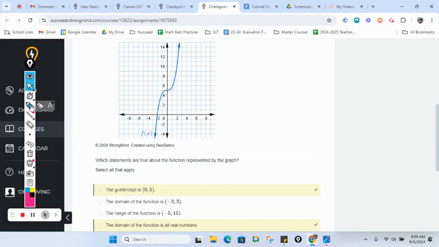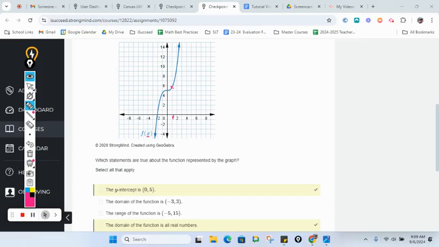The domain is saying what values of x, so what numbers can I plug into x here that work in this function. For example, if I plugged in a value of 1 for x, would it work in the function? Yes, and it's because I can see a point on that graph at 1.